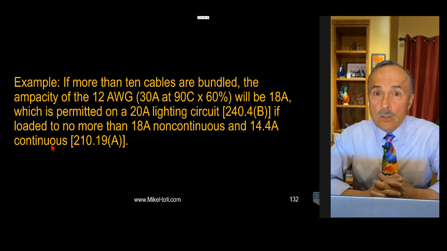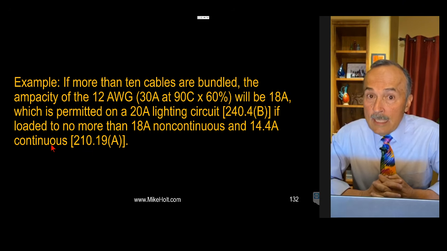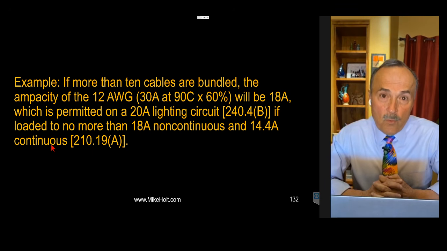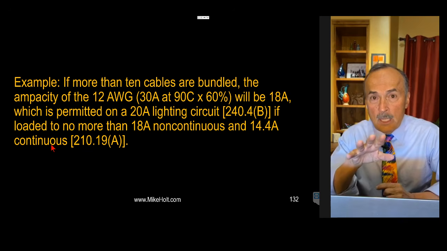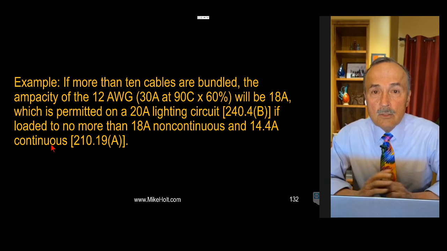The maximum load on a 20 amp breaker is 80% of that, which is 16 amps. But your wire is only rated 18 amperes, so the maximum continuous load on the 18 ampere wire is 14.4 amperes. That's why I was saying continuous 14.4, non-continuous 18 amperes on a 20 amp breaker for your MC cables or your AC cables. Doesn't matter how many conductors you bundle, you're going to be good.